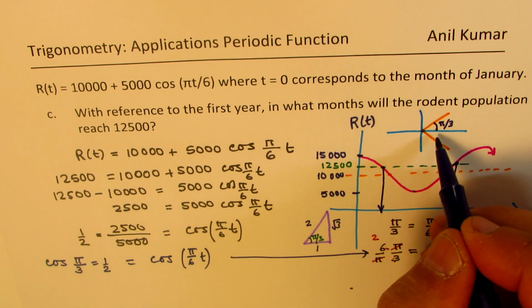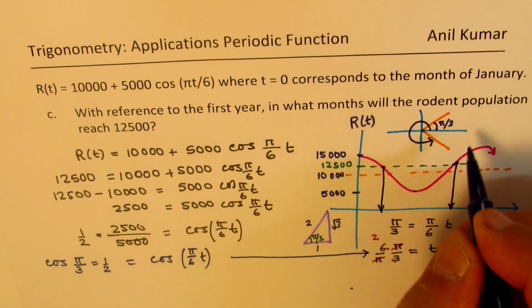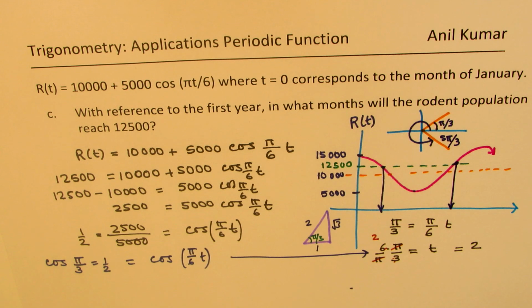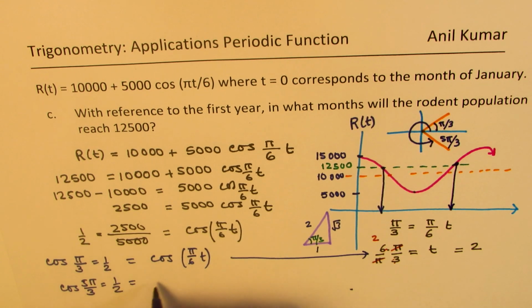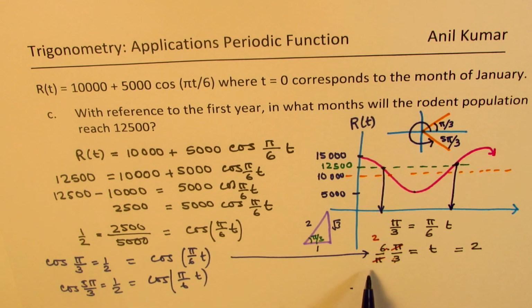Or you could say the principal angle here is 5 pi by 3. Does it make sense to you? So we also know that cos of 5 pi by 3 is equal to half, right? So that should also be equal to cos of pi by 6t. And that gives you the second answer.